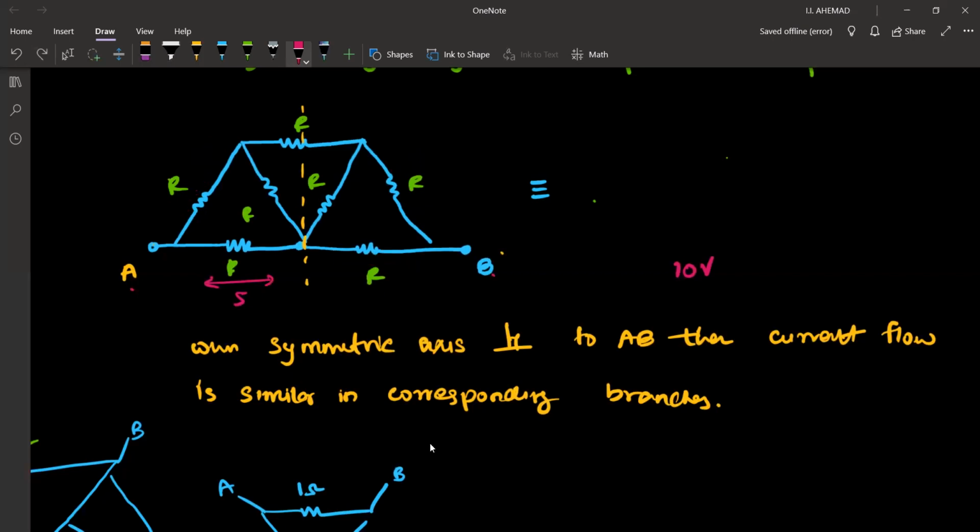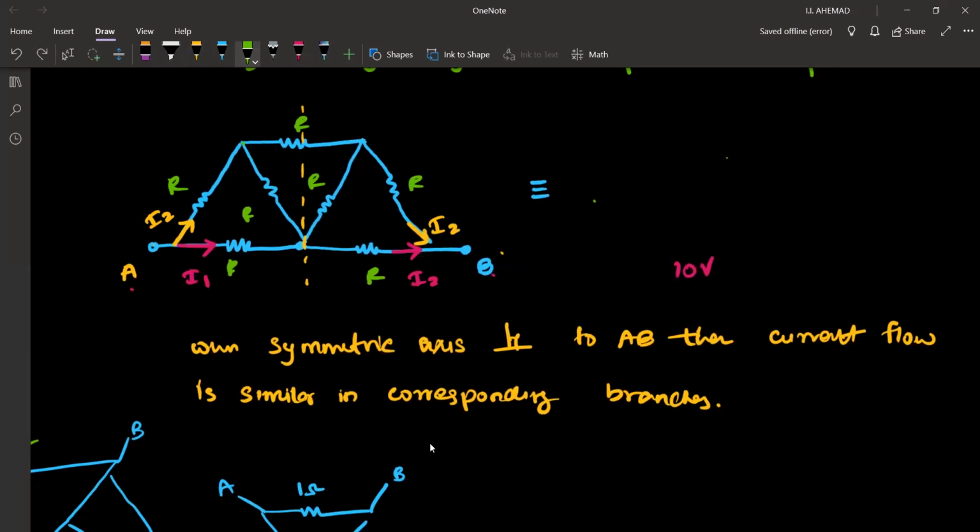So it's just like this. Let's say the current in this branch is I1. Then here also it is going to be I1. If the current in this branch is I2, then the current in this branch is also I2. And here, in similar branches, the current is same.